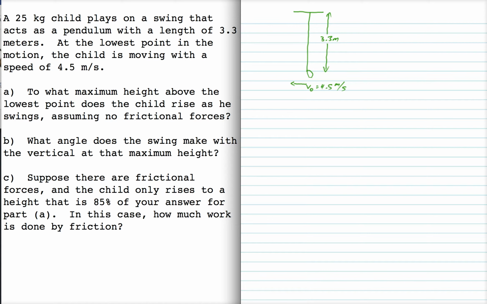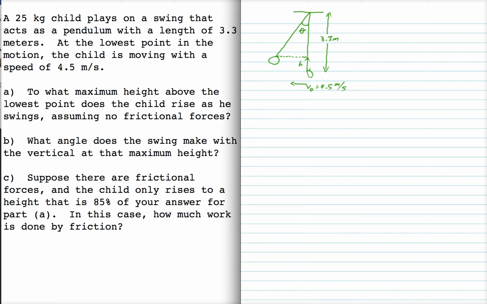And we want to know what maximum height h does the child reach. So the child is going to swing up to this point, which is some height h above the initial point. It's going to make some angle theta here with the vertical.